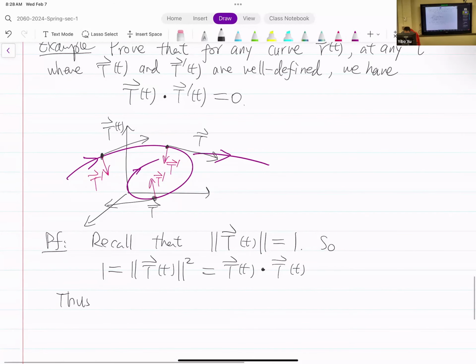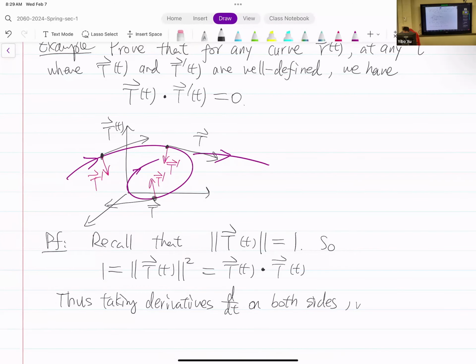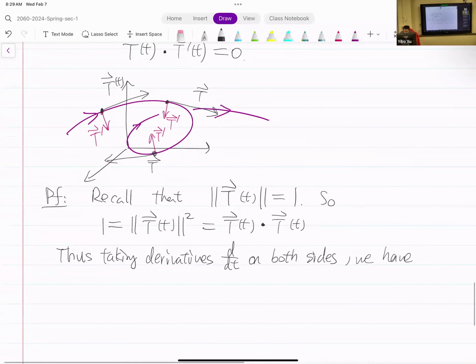Thus, taking derivatives d/dt on both sides, we have: the left hand side is 1, and you take the derivative with respect to t, it doesn't change, right?